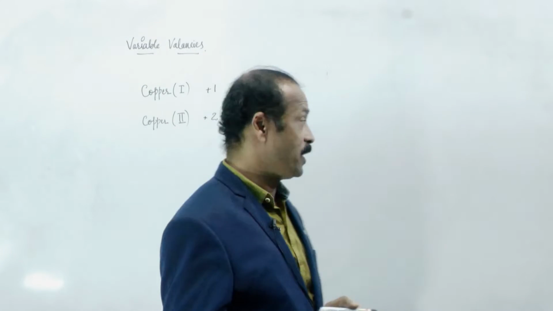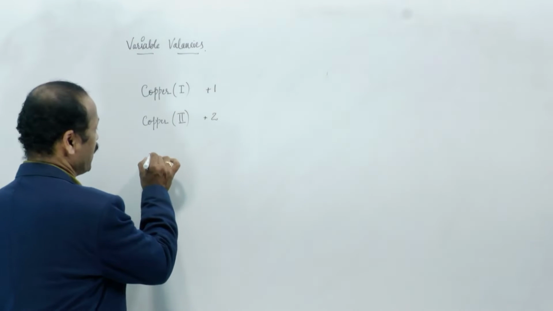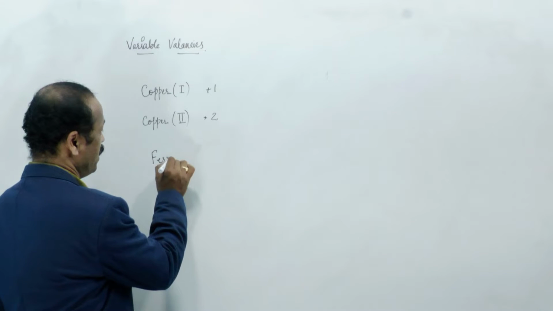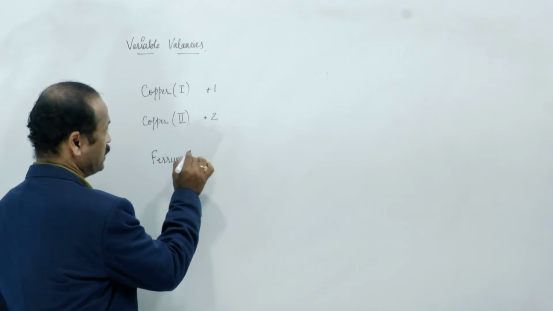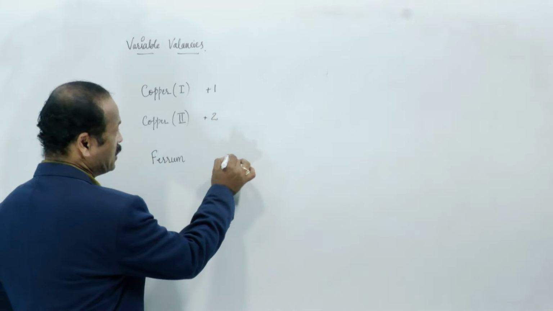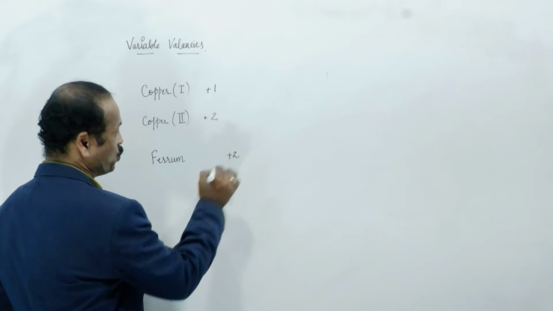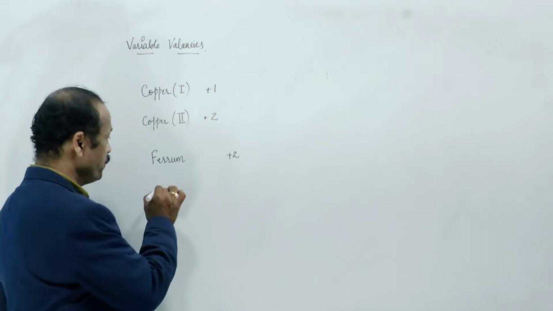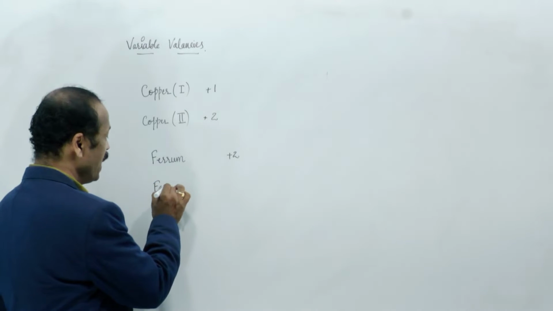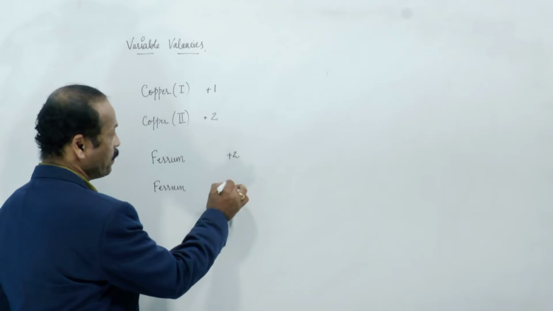Similarly, there are so many elements. For example, take iron, ferrum. It exhibits +2 valency and also +3 valency.